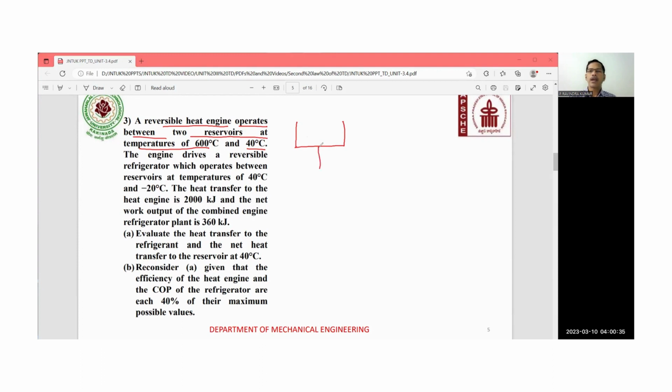A heat engine is going to operate between the source and the sink. This is the source and this is the sink. The source is 600, so 600 plus 273 is 873 Kelvin, right?